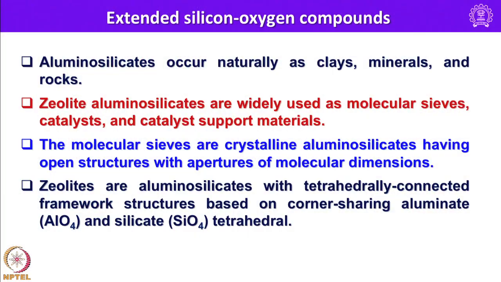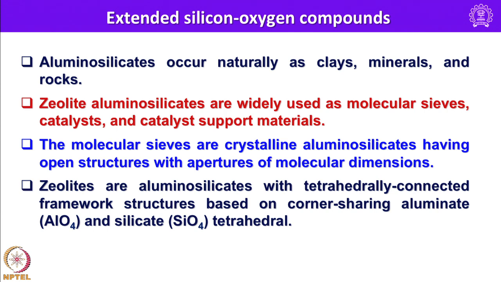So, let us look into one more type of silicon oxygen compounds doped with aluminum. They are essentially called aluminosilicates, occur naturally as clays, minerals and rocks, and zeolite aluminosilicates are widely used as molecular sieves, catalysts and catalyst support materials. The molecular sieves are crystalline aluminosilicates having open structures with apertures of molecular dimensions.